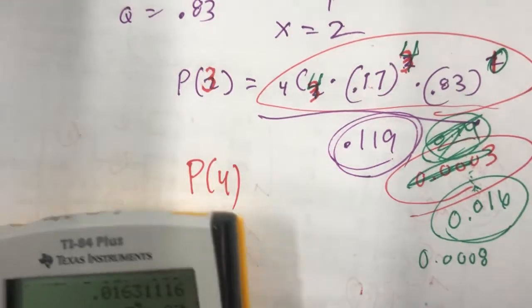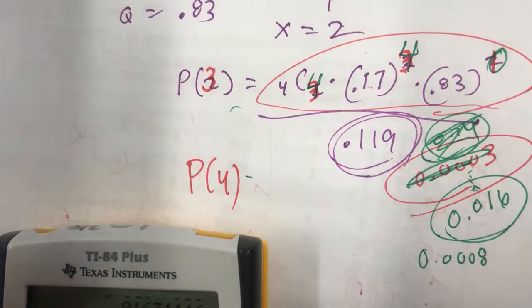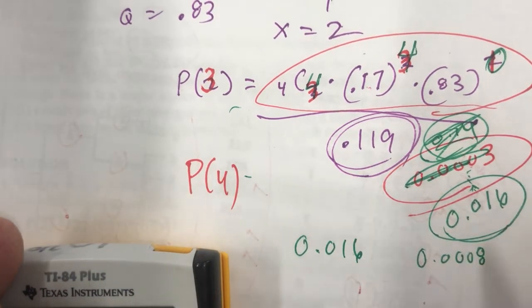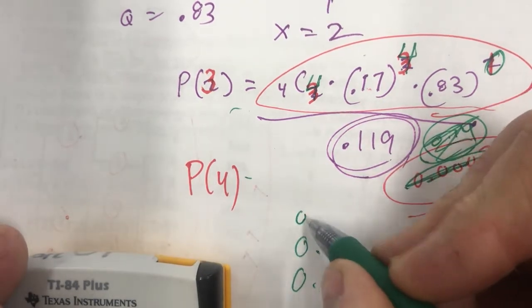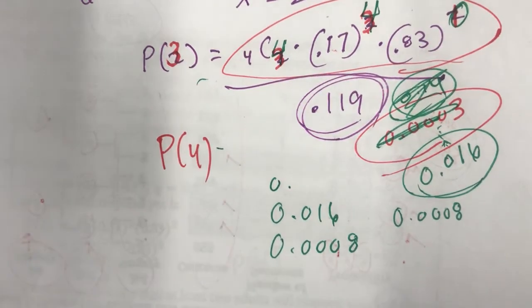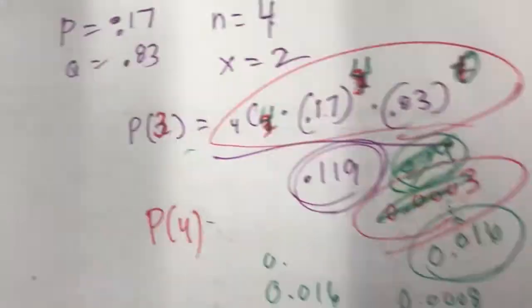All right, so at least 2 means I add the 2, the 3, and the 4. I add these together. So I've got 0.016, I got 0.0008, and then what was the answer for the first one a while ago? 0.119.